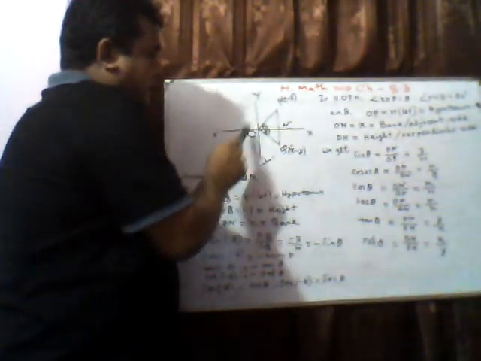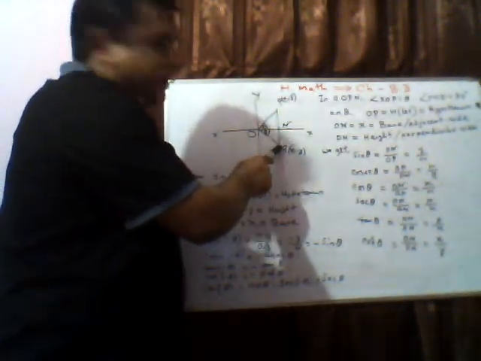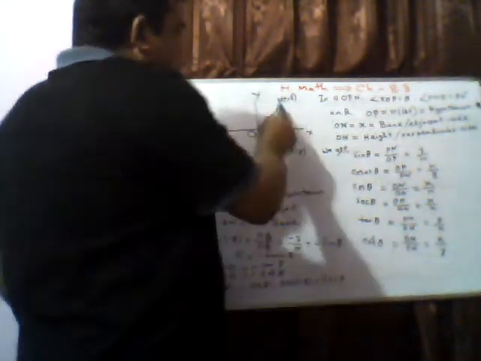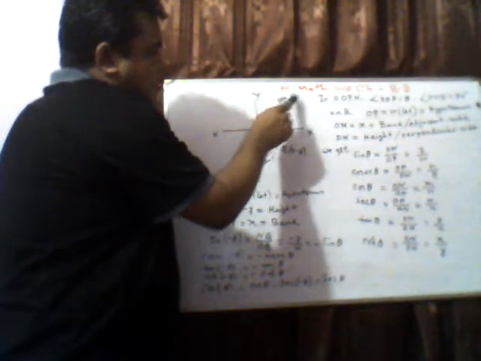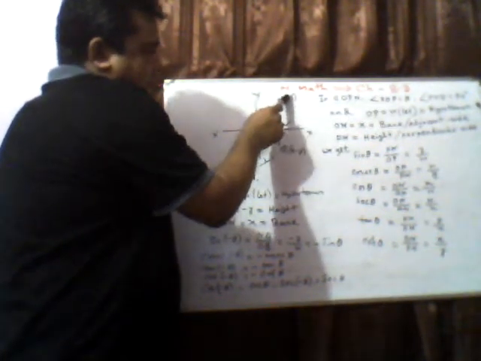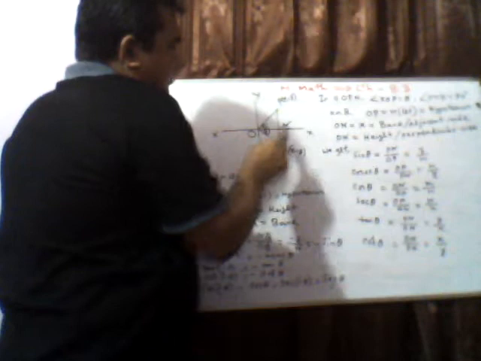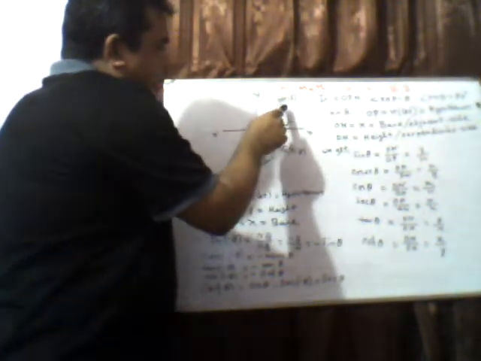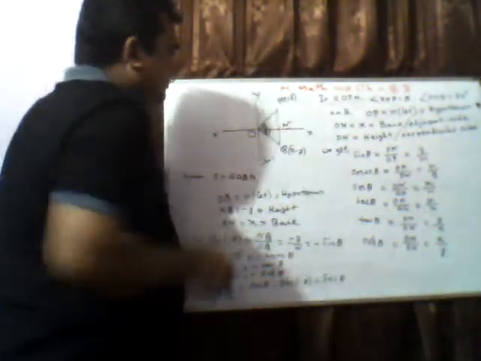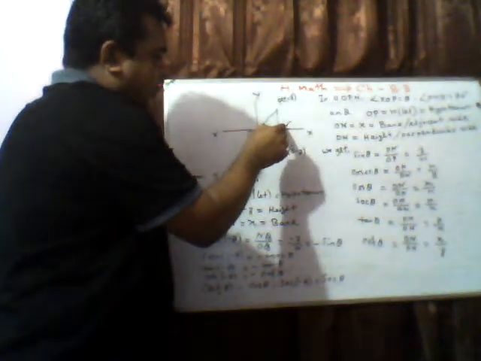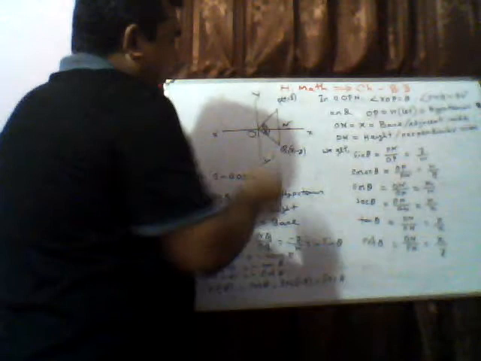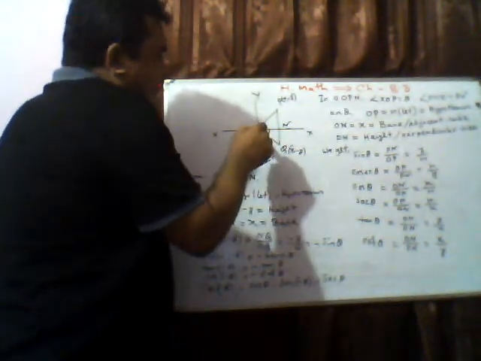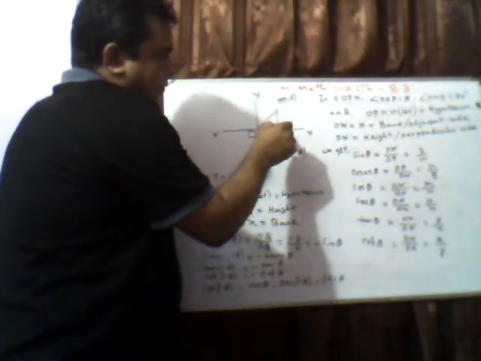We already know the first quadrant, second quadrant, third quadrant, and fourth quadrant. Take any point P(x, y) in the first quadrant. We draw PN perpendicular to OX, so we get triangle OPN.